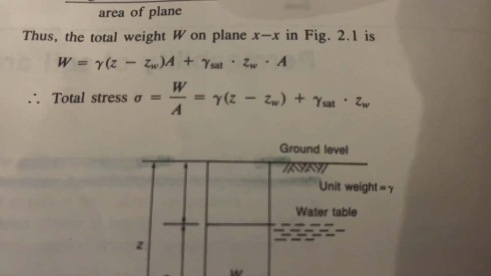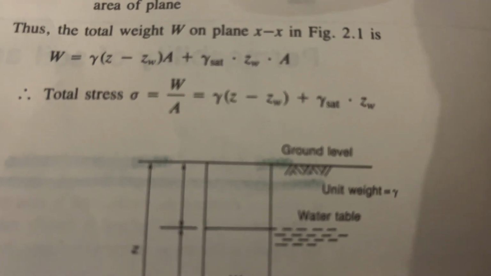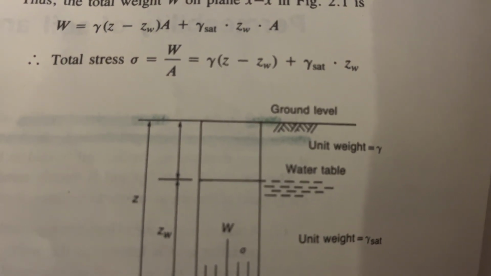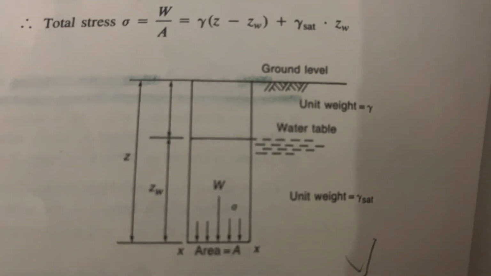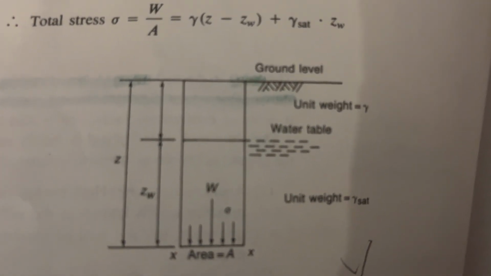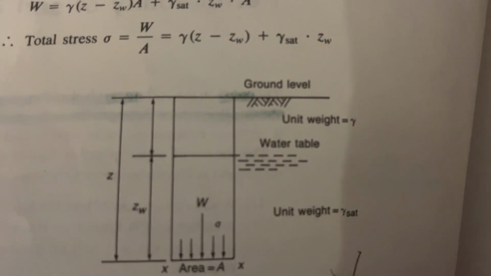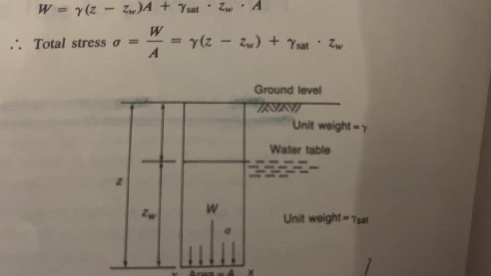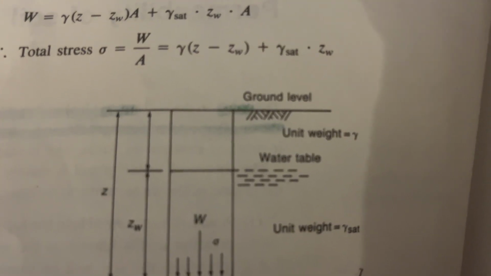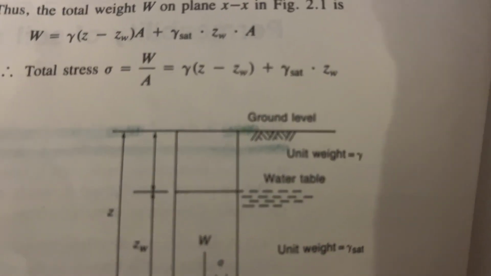All right, the total weight on plane XX is just the weight of the soil above the water table, which is the volume times the unit weight, and the volume is the area times the height, and the height is Z minus ZW.